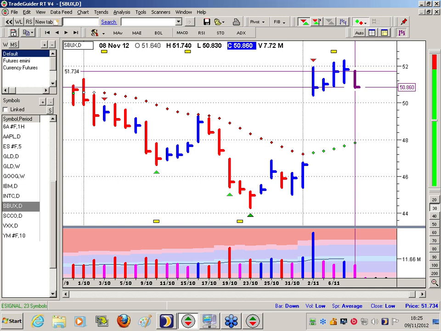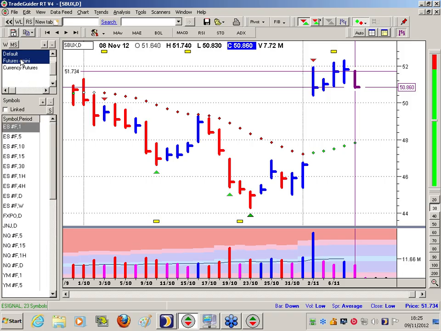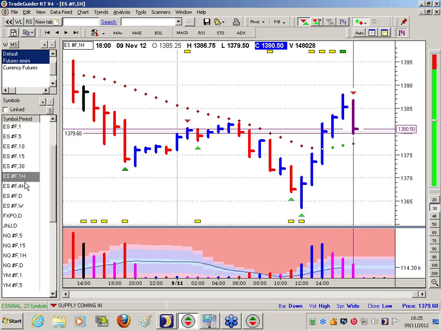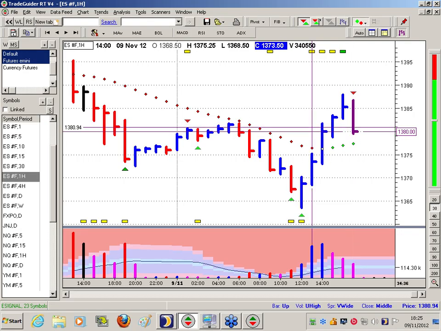Tom, John is asking if we can compare the ES 1 hour. Hang on. Look at the 1 hour, the 15-minute and 5-minute charts to determine what may be happening. So this is current. 1 hour. That's the 1 hour.